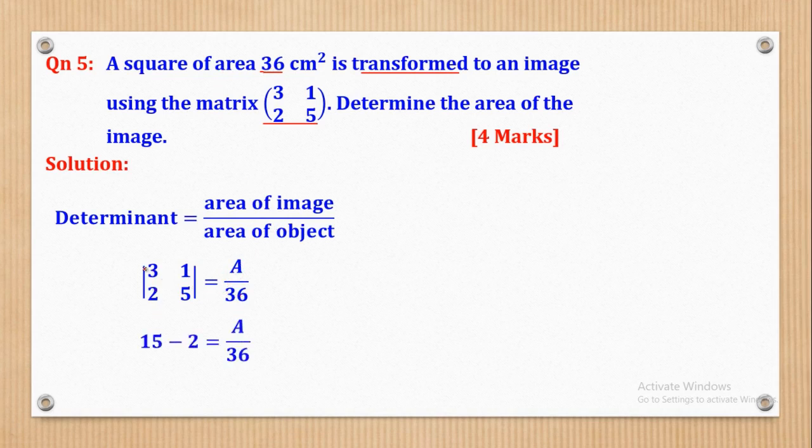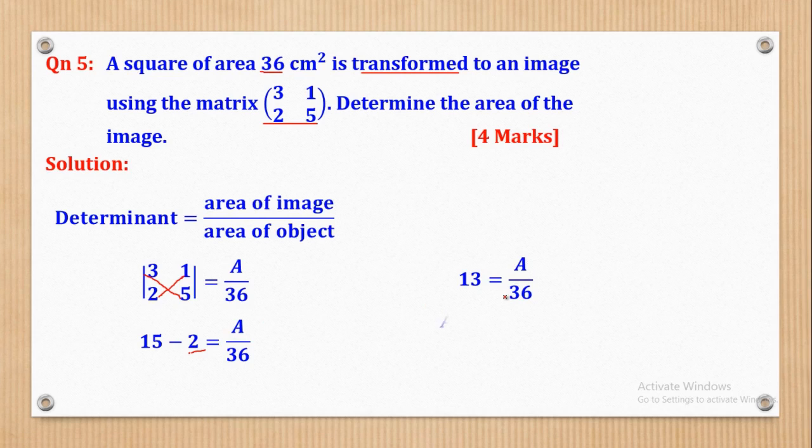Now determinant means major diagonal, this is 3 times 5 to give you 15, minus the minor diagonal, which is 2 times 1 to give you 2. And this side remains as it is. So when we simplify, 15 minus 2 will give you 13, which will be equal to A over 36.